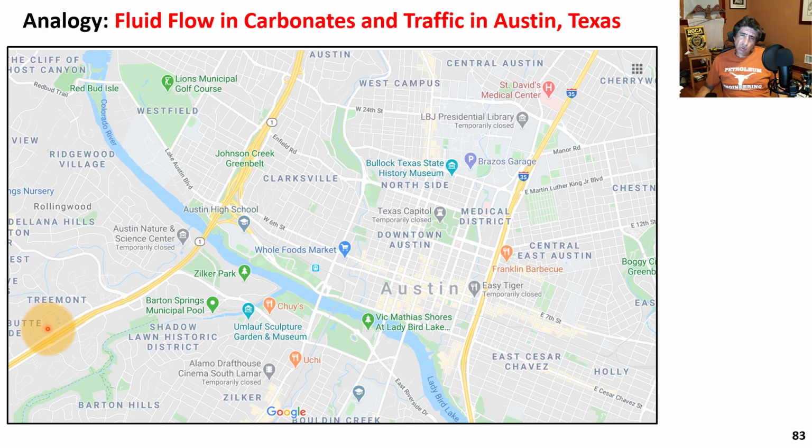But in times where there's not a whole lot of traffic, obviously the interstitial velocity along MOPAC or 35 will be much higher compared to the interstitial velocity through Lamar or some of these streets, not only because they have traffic lights, but also because the size of those streets is smaller. So we have a distribution of the interstitial velocities of these fluids.